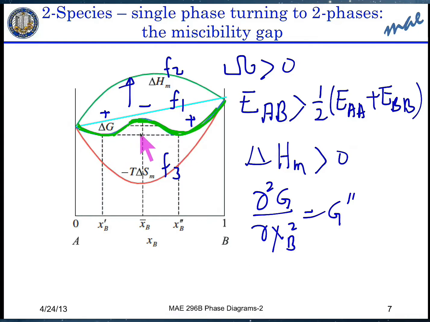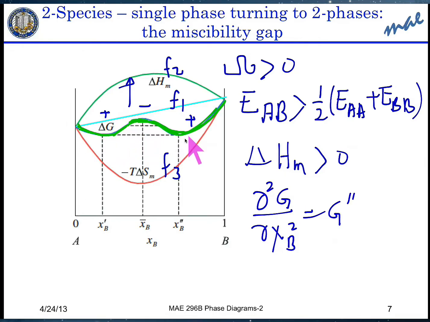At this point, the Gibbs free energy is lower than the Gibbs free energy of the original mix that we had. And therefore, this original mix has too high of a Gibbs energy. It has a driving force to reduce its Gibbs free energy. So what's going to happen is that it will go from here, and it will come to a point where it indeed is split into two regimes.